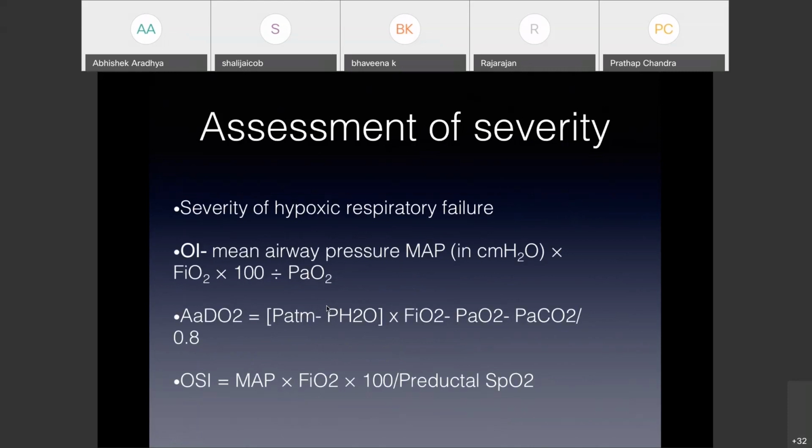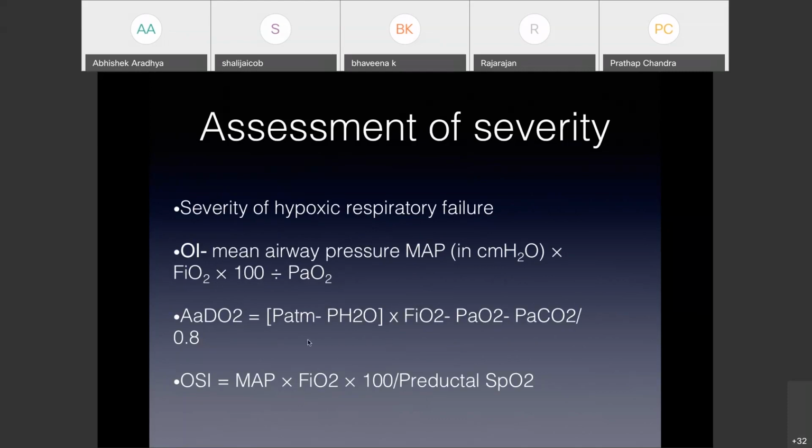Right. There are other ways of assessment of severity of your pulmonary hypertension and severity of hypoxic respiratory failure. One of them most commonly used and we use quite often is oxygenation index. What oxygenation index means is basically how much pressure is needed for you to maintain a certain amount of PaO2 in blood.